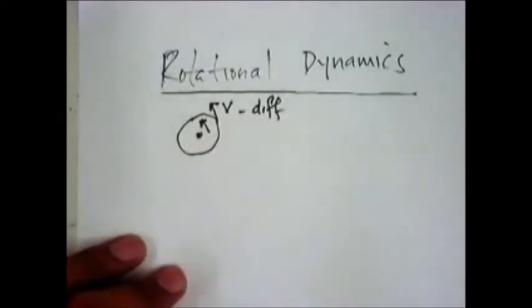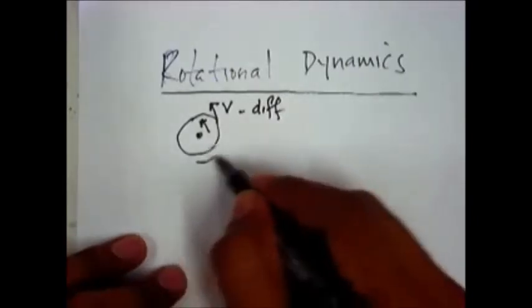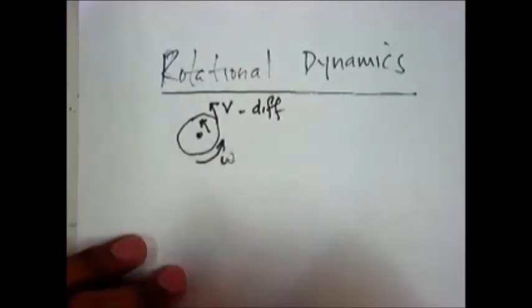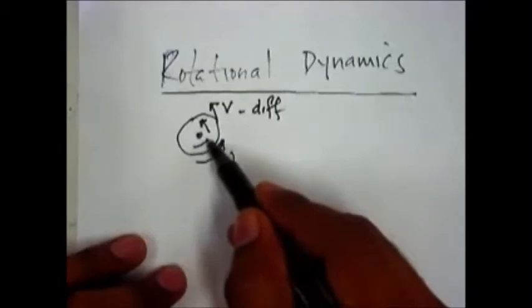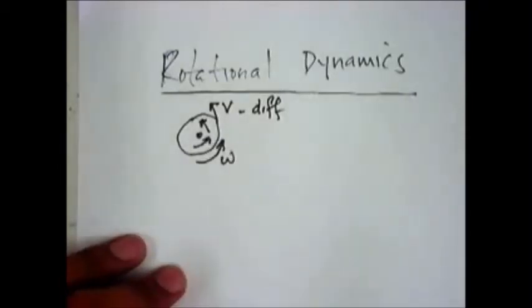That is the reason why we need to use angular velocity. So when you find the angular velocity, it simply gives you the speed with which the whole disk is rotating. So irrespective of which point on the disk you find, your angular velocity is the same.